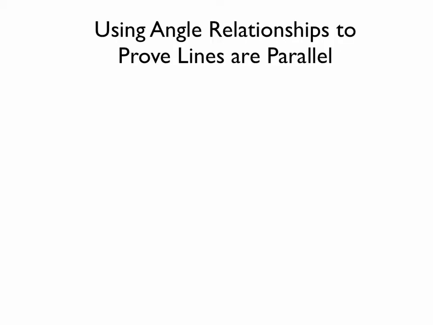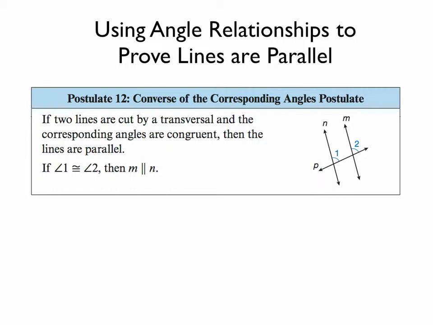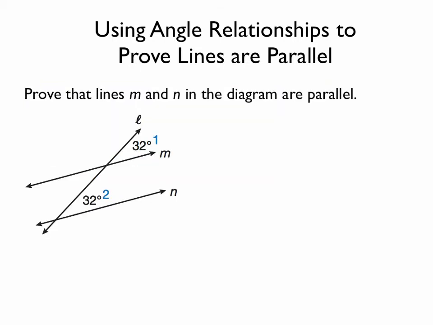So now, how do we prove that lines are parallel if we are given information about the angles? Well, we have the converse of the corresponding angles postulate, which says, if a pair of corresponding angles are congruent, then the lines are parallel.